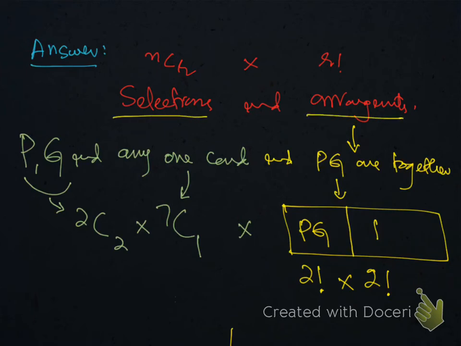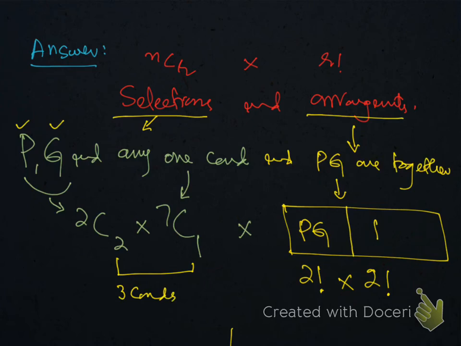Well, number one, settle the restrictions of the selections. We must have P and G and any one card from the remaining 7 cards. So for P and G, 2C2, and for one card from the remaining 7, 7C1. So if you add these two, these are 3 cards. So we have selected 3 cards in which we have the pink and green card.